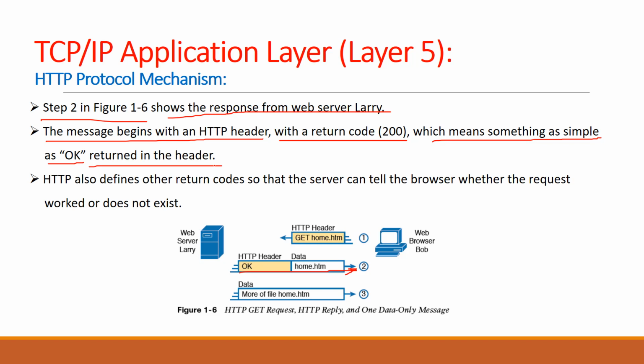It means if you want the home page, OK, you can have it. HTTP also defines other return codes so that the server can tell the browser whether the request worked or not, such as 404. It means the web page is not available.